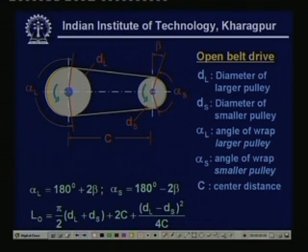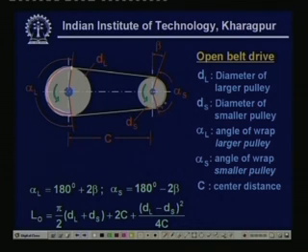What is this? You can see when the belt is going over this one, from here to here, a contact is taking place over the pulley, and that angle we are calling alpha L.